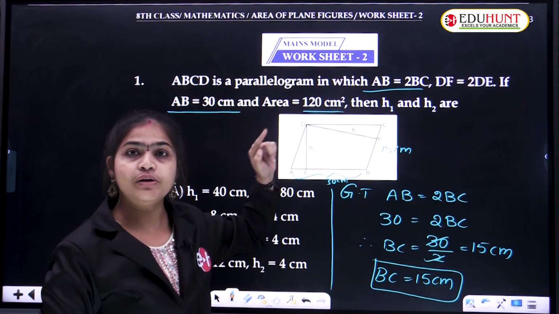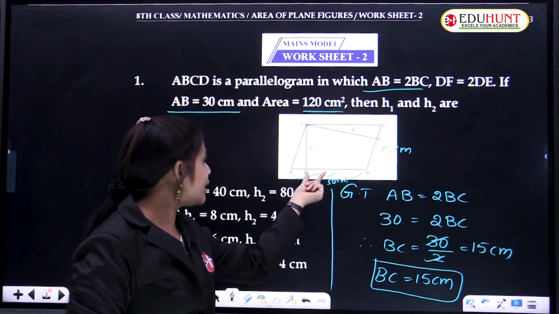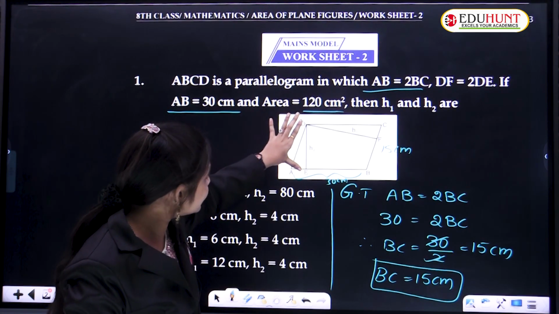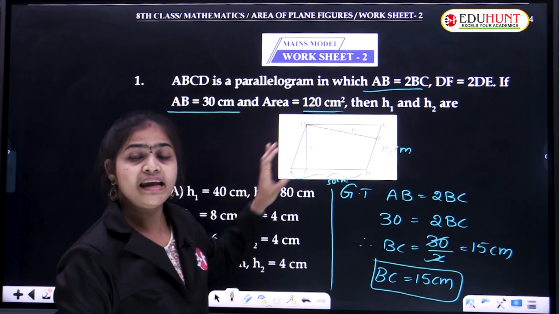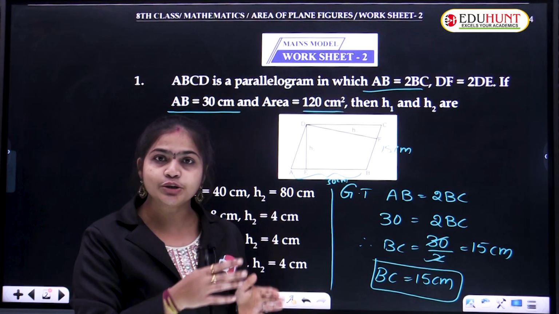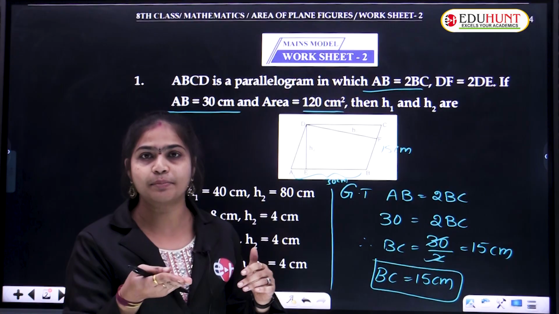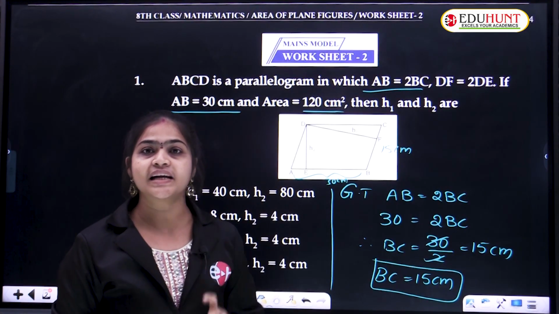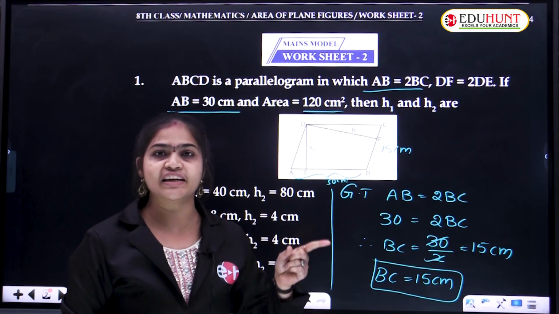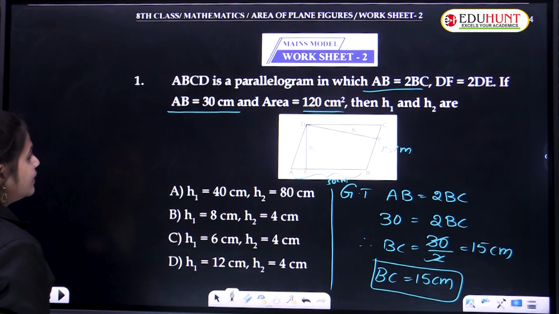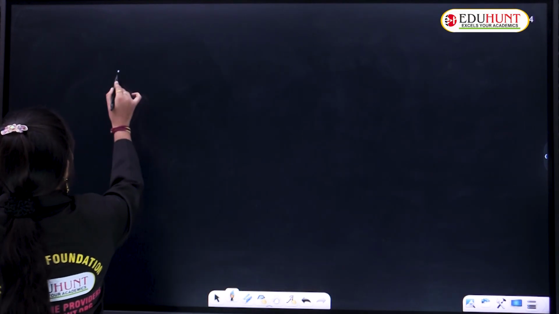Or if you take the base of the parallelogram as AB, then its corresponding height is DE. Which means the altitude of the given figure lies on a line segment, and that line segment should be considered the base of the given figure. Understood?